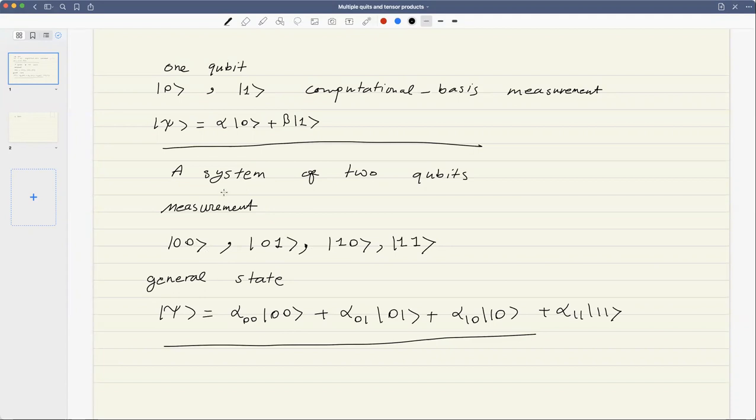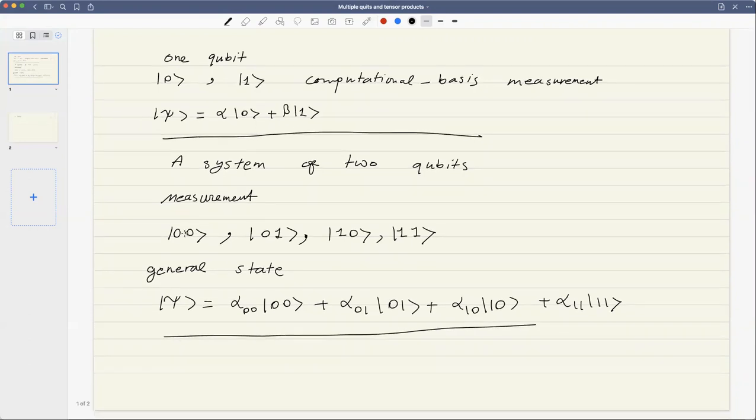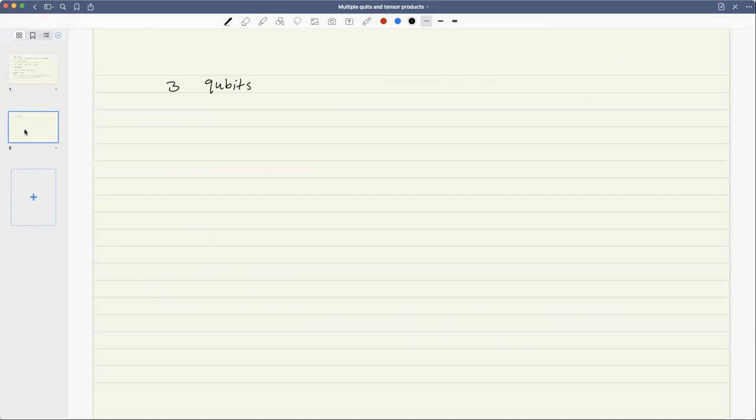So instead of 4, we're going to get 8. So we had 2 basis vectors for 1 qubit, for 2 qubits we have 4 basis vectors, for 3 we're going to have 8. In general, if you have n qubits, the basis vectors can take 2 to the n different configurations. And then a general state for this entire system will be some linear superposition of all of these. So it will have 2 to the n of these amplitudes, these coefficients that multiply the basis states.